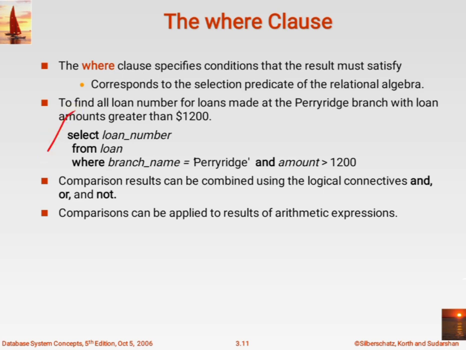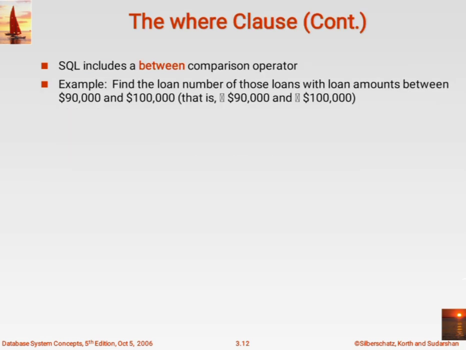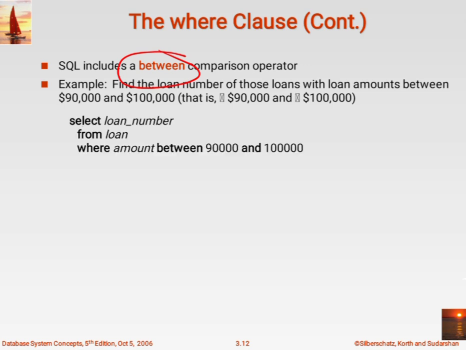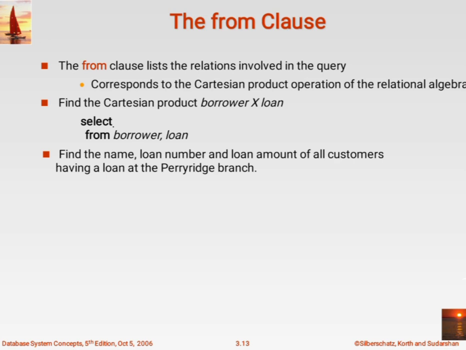For example, if I want to find the loan numbers for loans made at the Perry Ridge branch where the amount is greater than 1200, I am going to select the loan number from the loan relation where branch name is Perry Ridge and amount is greater than 1200. Here I can also use between whenever I want to provide a range. You people have already learned this, that's why I will go quickly.